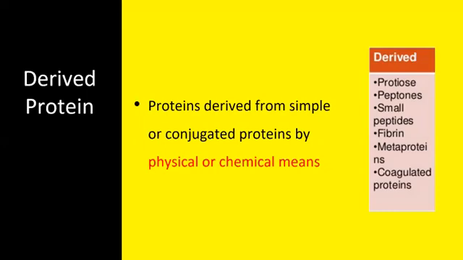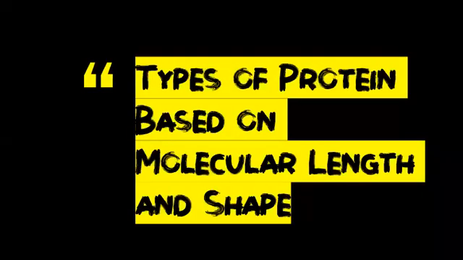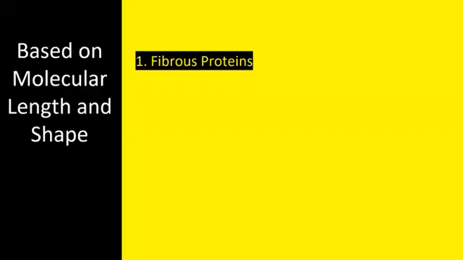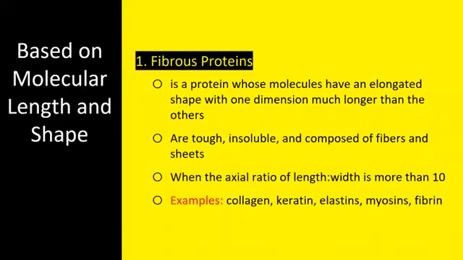We have peptones, we have fibrin that is responsible for the clotting mechanism in our body, as well as coagulated proteins. Now, on the molecular length and shape of our proteins. The first one is the fibrous proteins. Examples of this are collagen that can be found on the skin, and keratin that can be found on our skin as well, on our nails and on our hair.